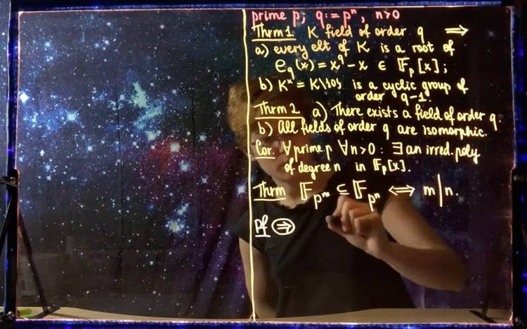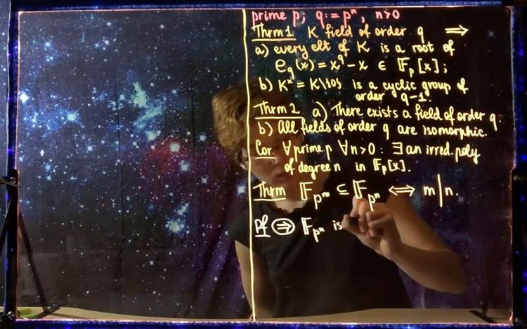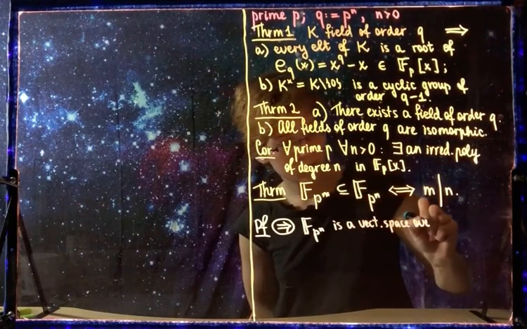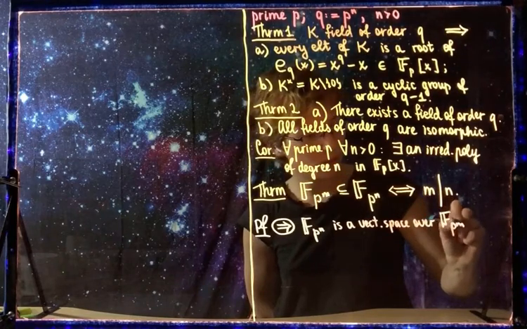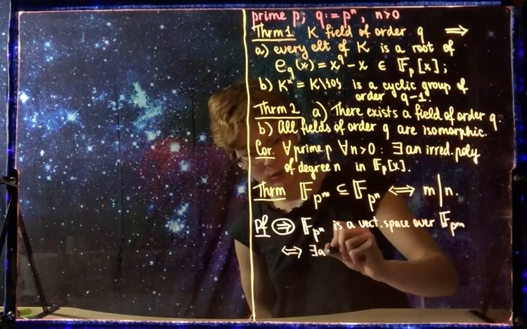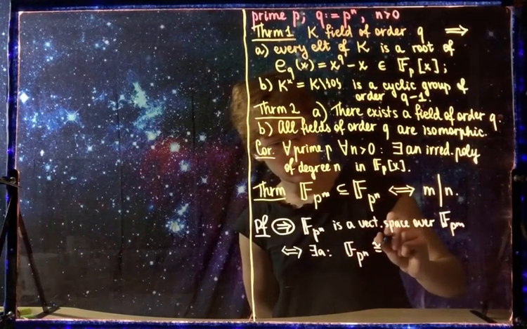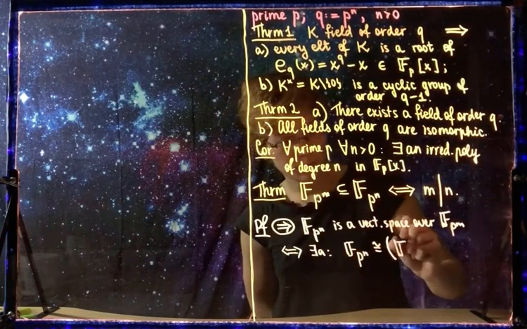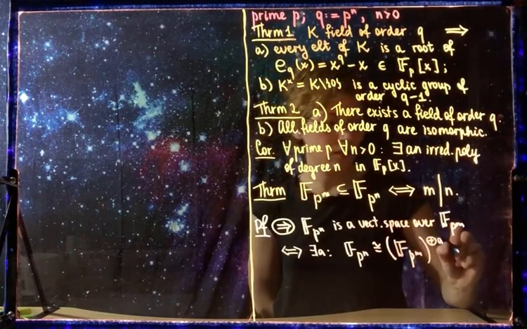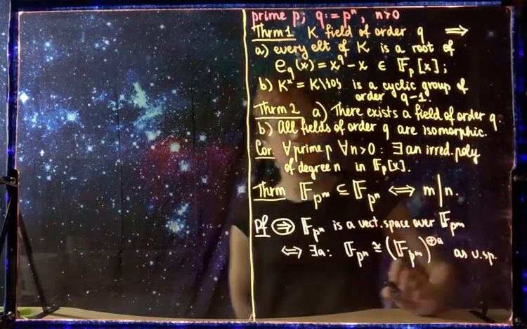assume that we have such an inclusion, then F sub p to the n is a vector space over F sub p to the m, which means that there exists some number a, so that F sub p to the n is isomorphic to F sub p to the m direct sum a times, as vector spaces, not as rings or fields.